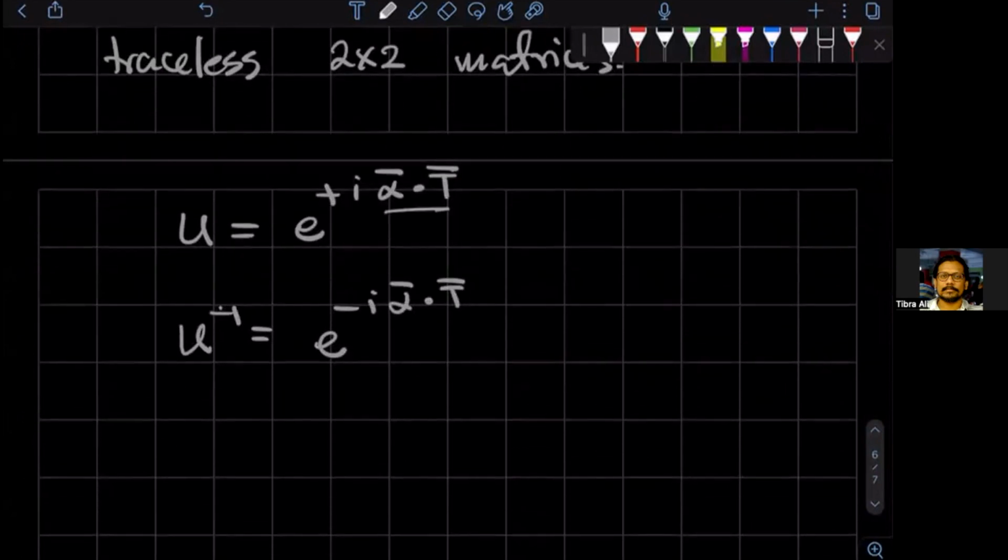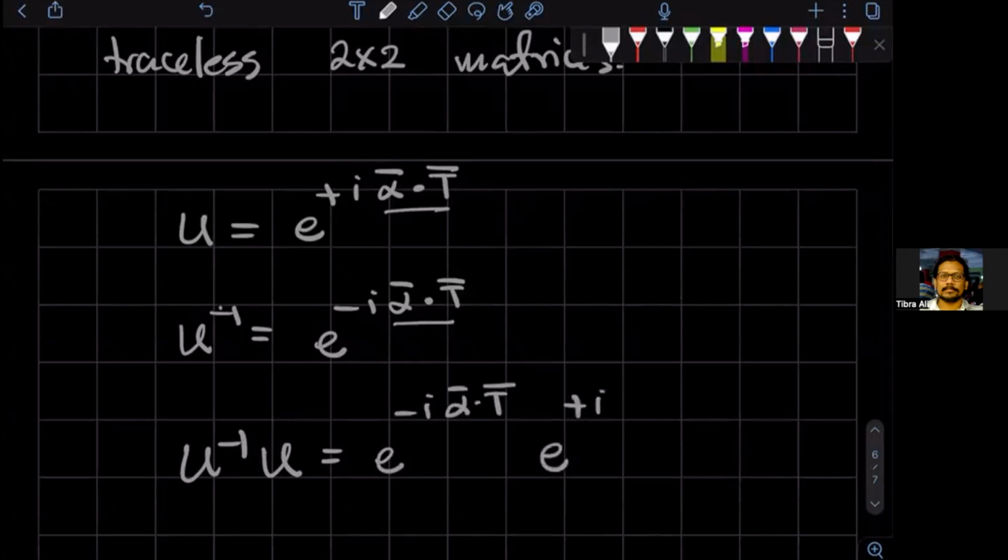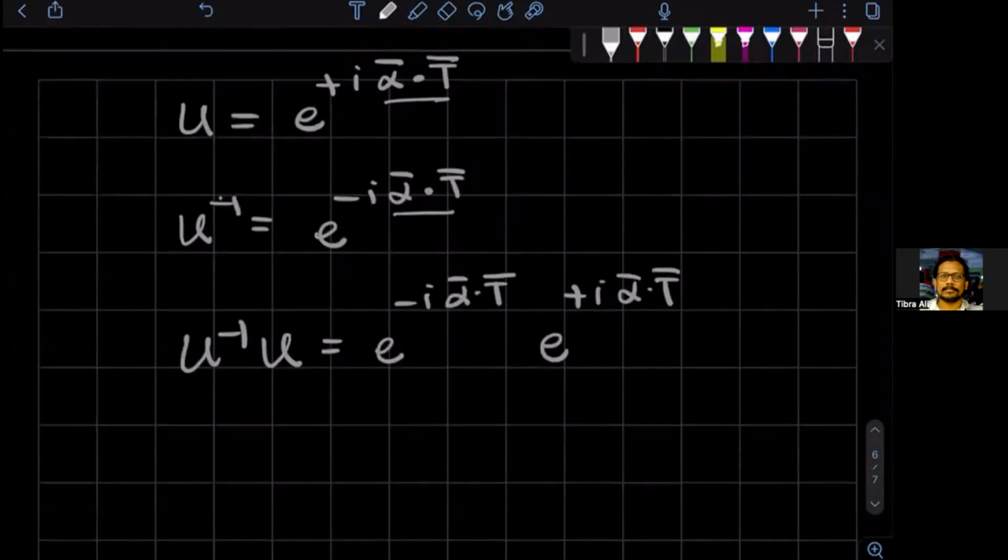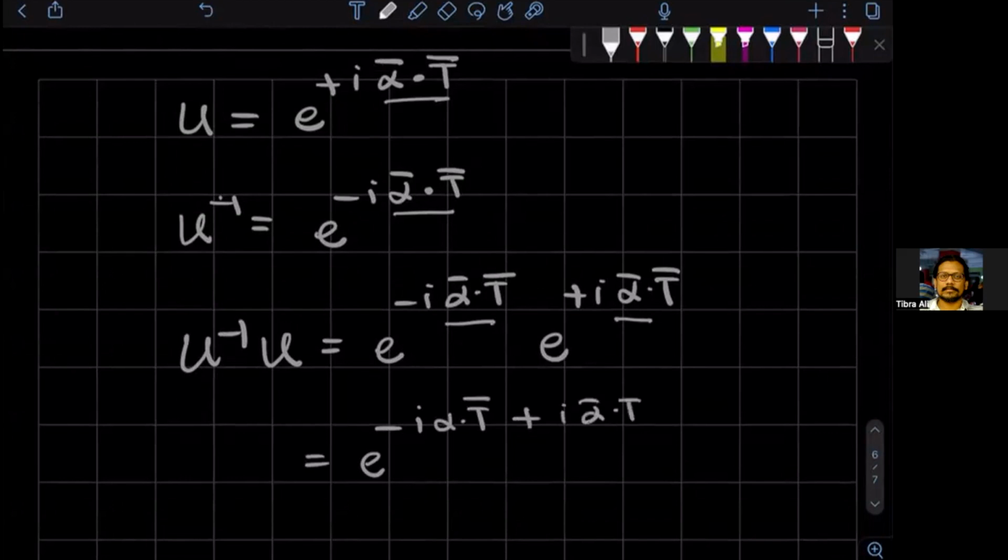Because if we multiply e to the power minus i alpha dot t times e to the power plus i alpha dot t, because they're the same matrices, we can write this as minus i alpha dot t plus i alpha dot t, right? And therefore, this is 1.